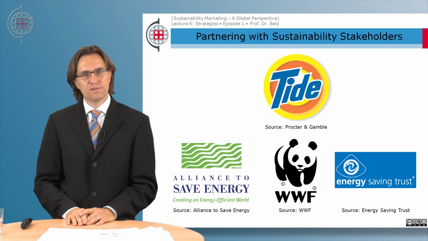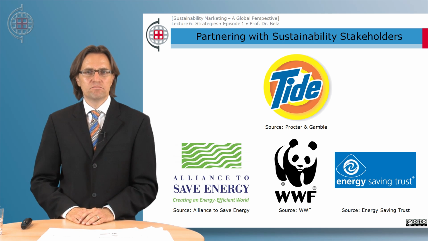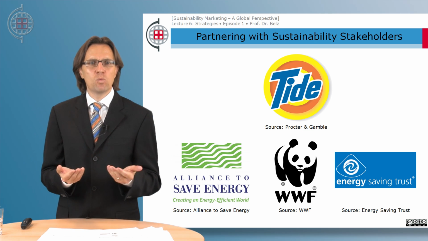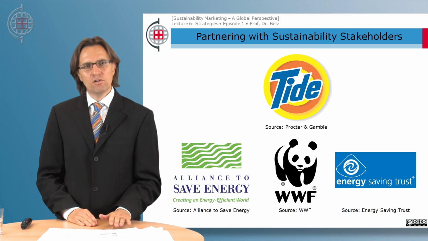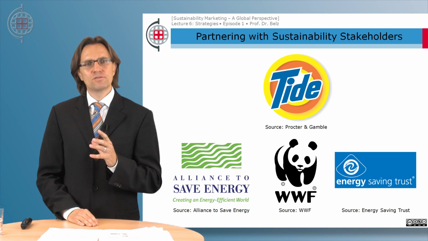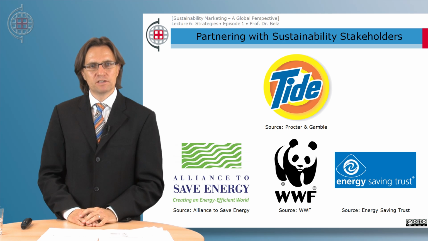In the beginning, in the first couple of years, they did conventional advertising, but they didn't succeed at all. Consumers were very hesitant to change their washing habits. So later on, in 2005, they decided to change their strategy, to open up their sustainability marketing.